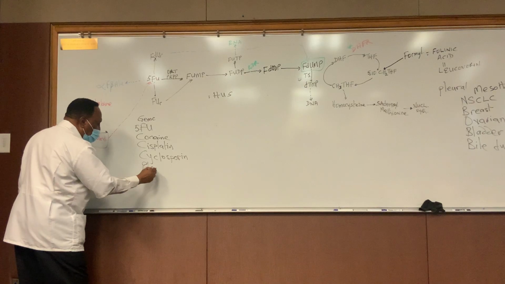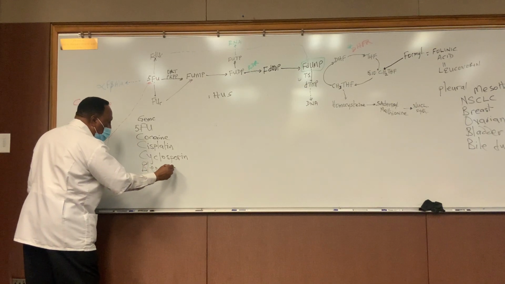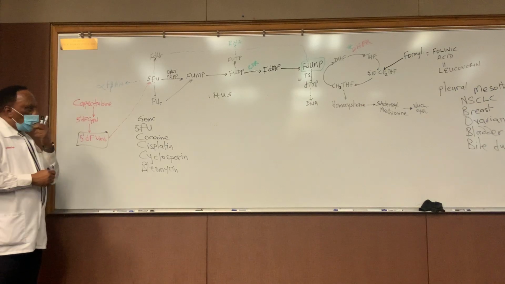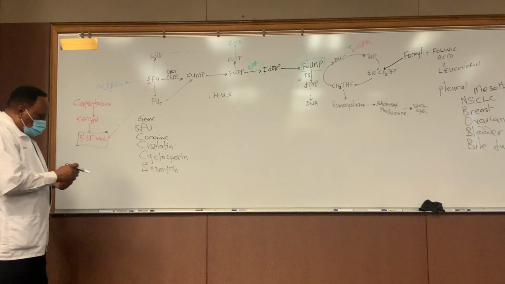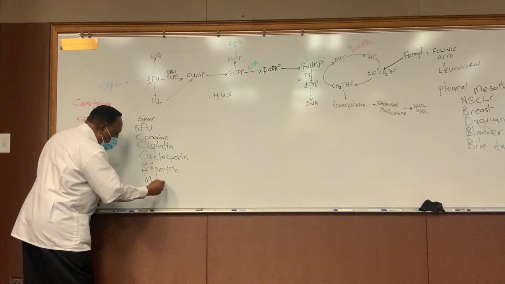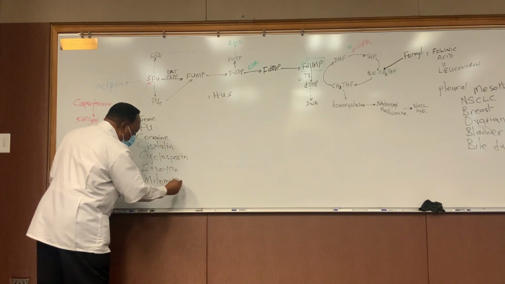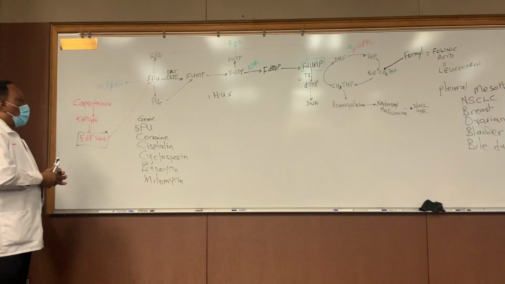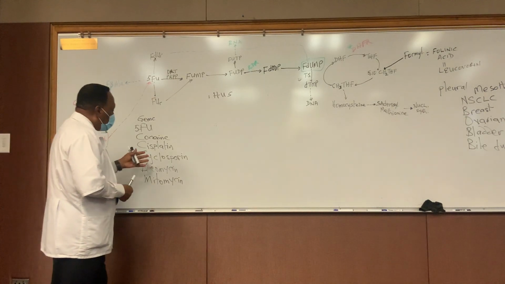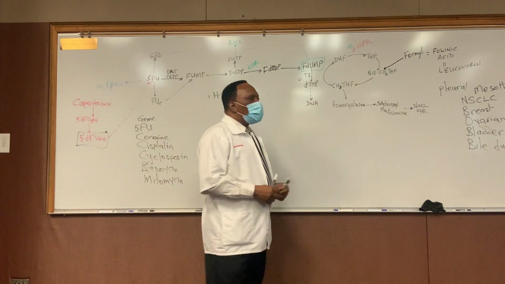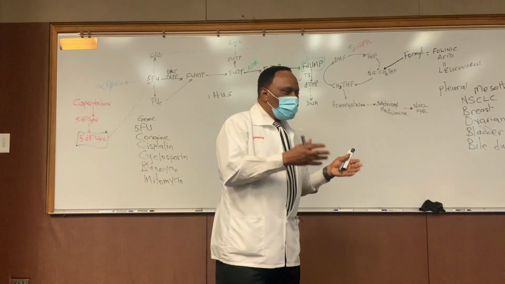Bleomycin may also cause HUS. Mitomycin is another agent that can produce that HUS. So you have many other drugs that can cause hemolytic uremic syndrome.